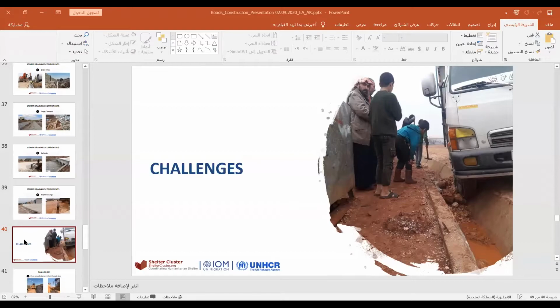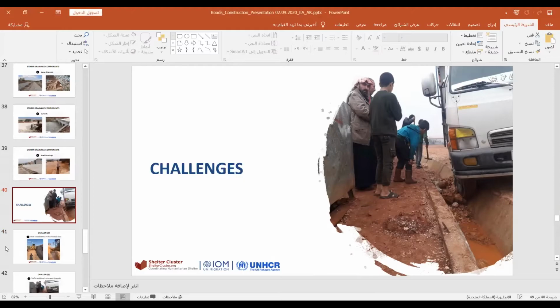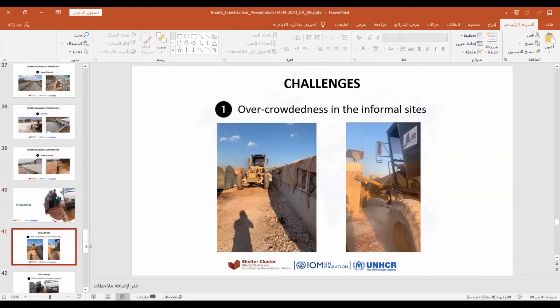Hello, everyone. Last time we explained a little bit about the considerations of the implementation when it comes to road construction, and now we're going to talk about the challenges that we face during implementation of road construction and open channels in the camp in northern Syria.